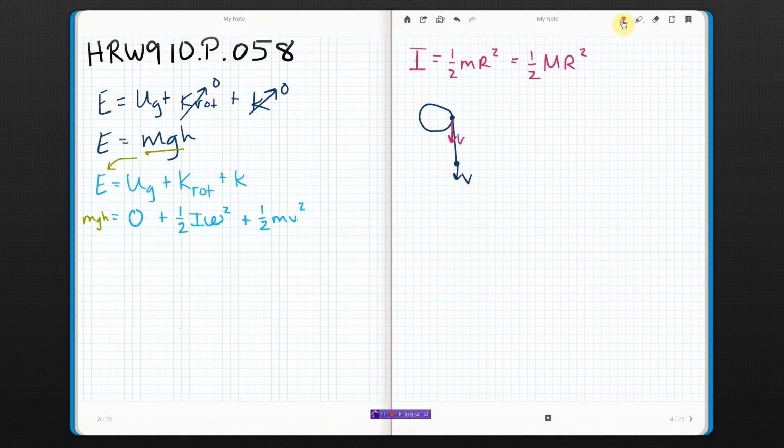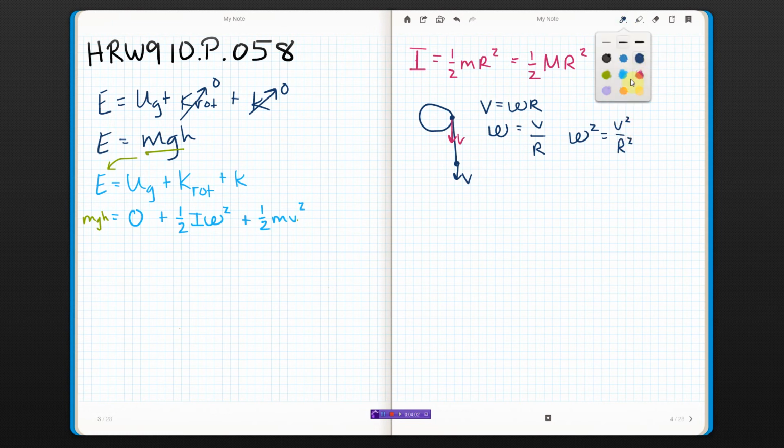For a rigid body rotating, the linear velocity is omega times r, which means omega is v over r, and we want omega squared. That means omega squared is v squared over r squared.